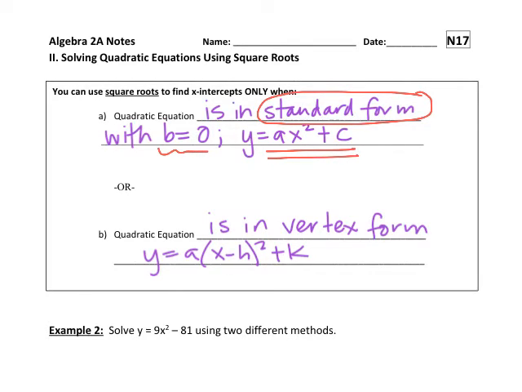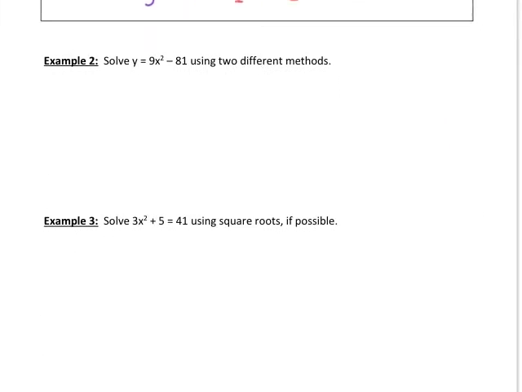So you will not have that term with the x with it. Okay, so you're just going to have an x squared plus a constant. And the other time that you can use the square roots to find x-intercepts is going to be when you are having a quadratic equation in vertex form, when we have our h and our k. All right, so let's take a look at an example problem.